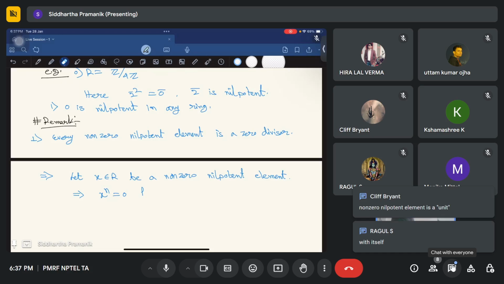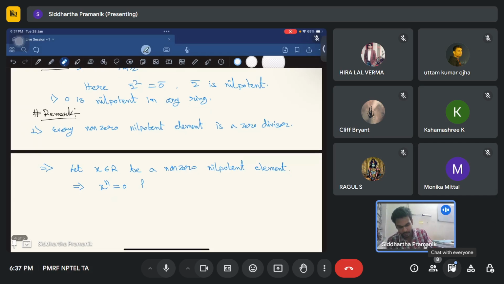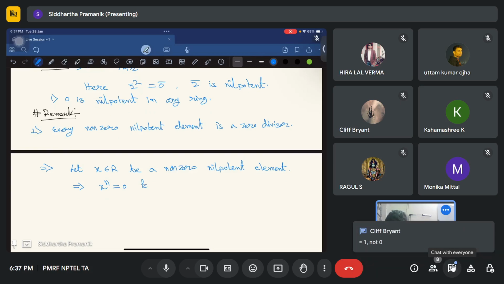Let me write. So by definition, x power n is 0 for some positive integer n, right?